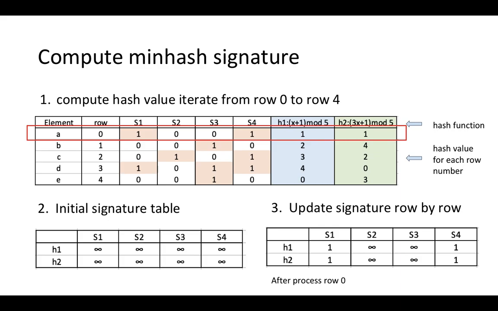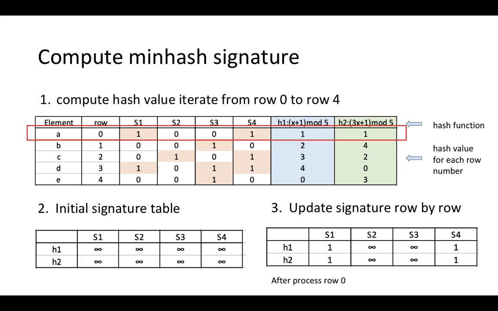Fortunately, it is possible to simulate the effect of a random permutation by a random hash function that maps row numbers to buckets. A hash function maps integers 0 through k minus 1 to bucket numbers 0 through k minus 1. So we can maintain the fiction that our hash function h permutes row r to position h(r) in the permuted order.